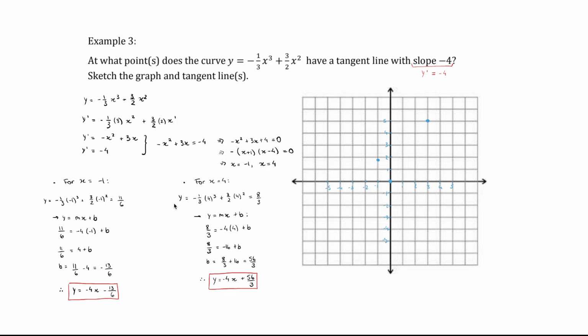And then we are going to have the point 4, 8 over 3. Again, 8 over 3 is approximately equal to 2.6. So here we go, 4, and then around the 2.5 mark. Okay, so here we have a good guide of what the function is going to look like.